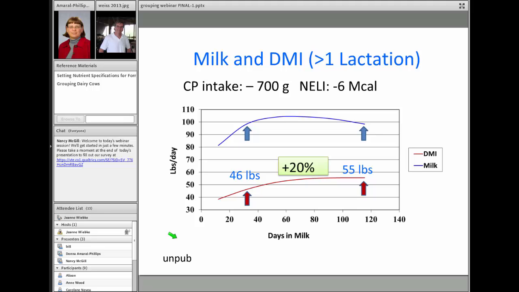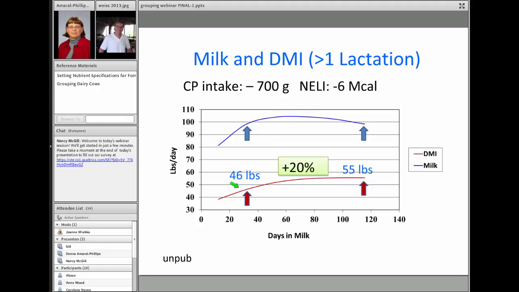And this just shows you, this is a study we did, and I picked this particular cow because at one time in her lactation, she produced 100 pounds of milk here at about 30 days. And then at about 120 days, she produced 100 pounds as well. So the requirements at 110 days here and 30 days are virtually the same.